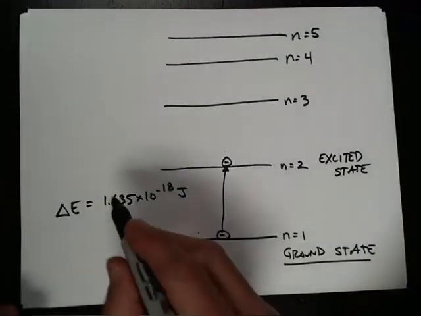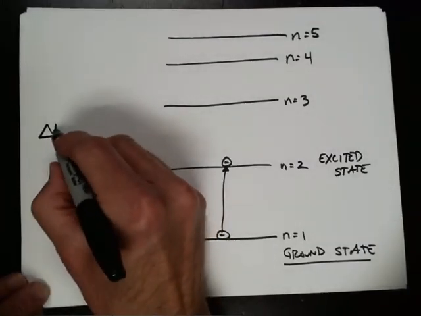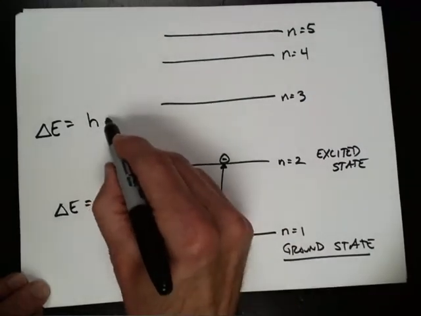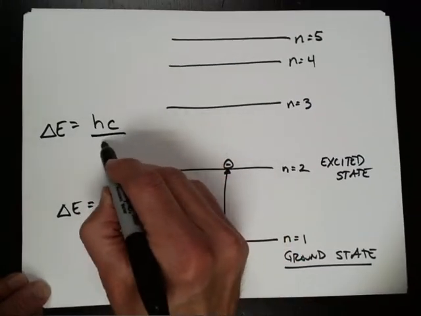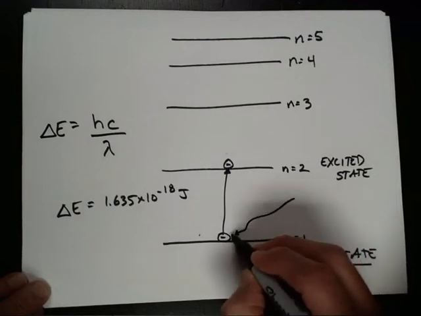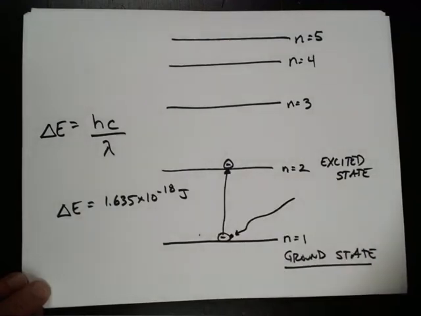And we can set this energy equal to Planck's constant times the speed of light divided by the wavelength of the photon that's going to need to come in here and get absorbed to cause this particular transition to happen.